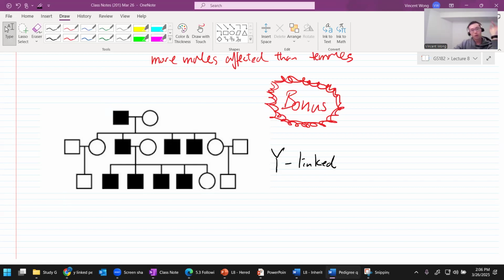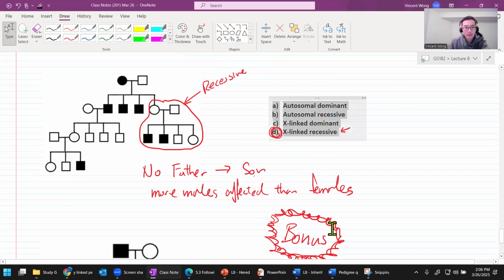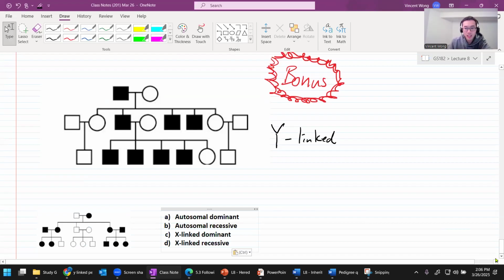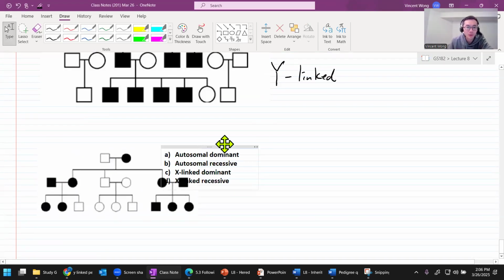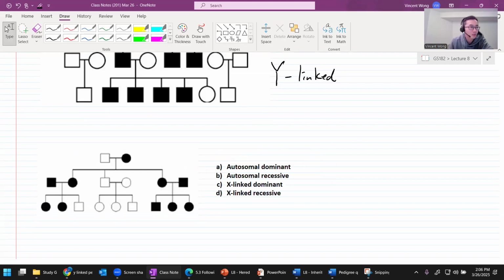Just one last one, I promise, and then I'm going to be quiet and let you go. Over here, try it one more time. Don't freak out. There are only like two or three questions like these on the quiz. It's not going to be detrimental if you get it wrong, but do try to understand. Go and figure this one out.